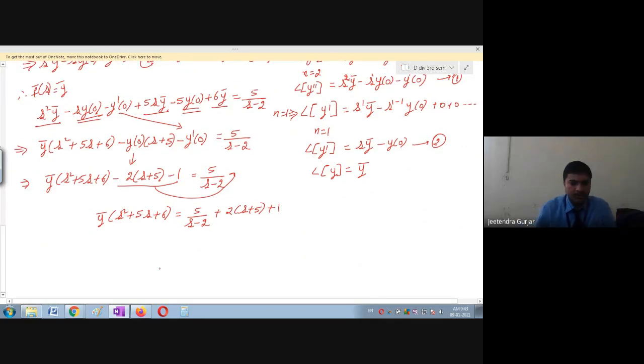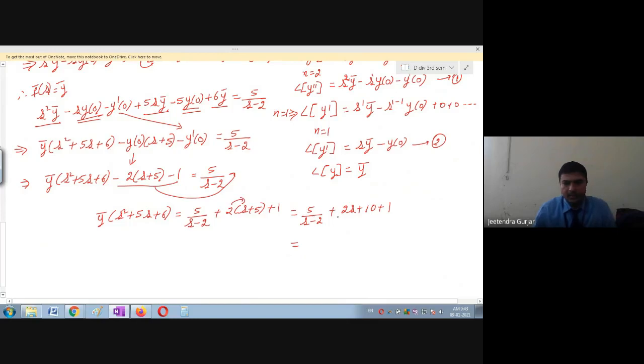Okay, no problem, students. Now we'll simplify this. I can write this in terms like 5 divided by s minus 2 plus 2s. I'll just open this bracket and multiply 2 inside this bracket. So 5 into 2 is 10 plus 1. So therefore, I can again write this in terms like this.